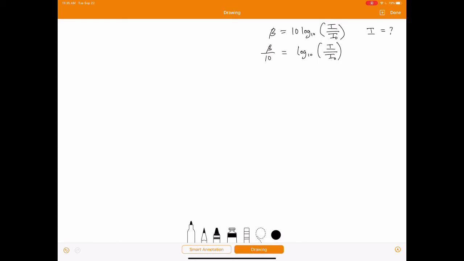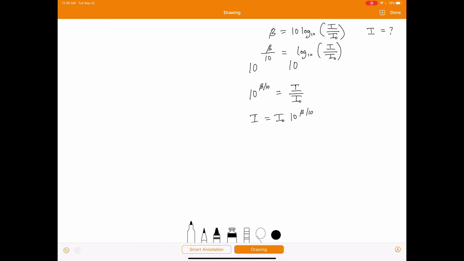Well, I can take 10 to the power of both sides. So now on the left side, I have 10 to the beta over 10 power, equaling I divided by I naught, because when you take 10 to the log base 10 of something, you undo the logarithm. And then we have I equals I naught times 10 to the beta over 10 power.